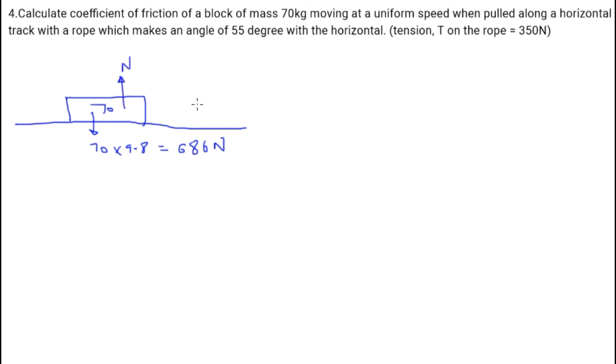The mass is pulled by a rope which makes an angle of 55 degrees with the horizontal. So I'll have something of this nature. This is the direction of a pull, and down here is the direction of a push. If it is a rope, there will be a tension on the rope, and the tension has already been given in the question as 350 Newton.